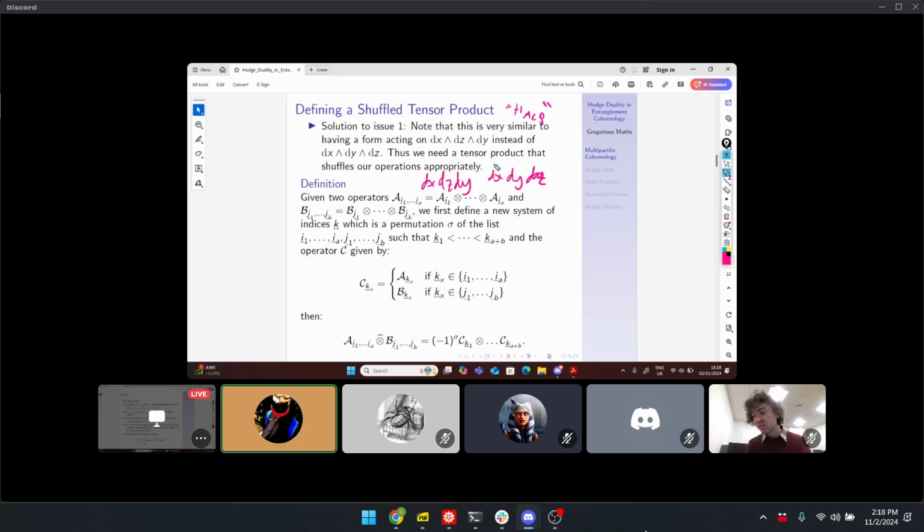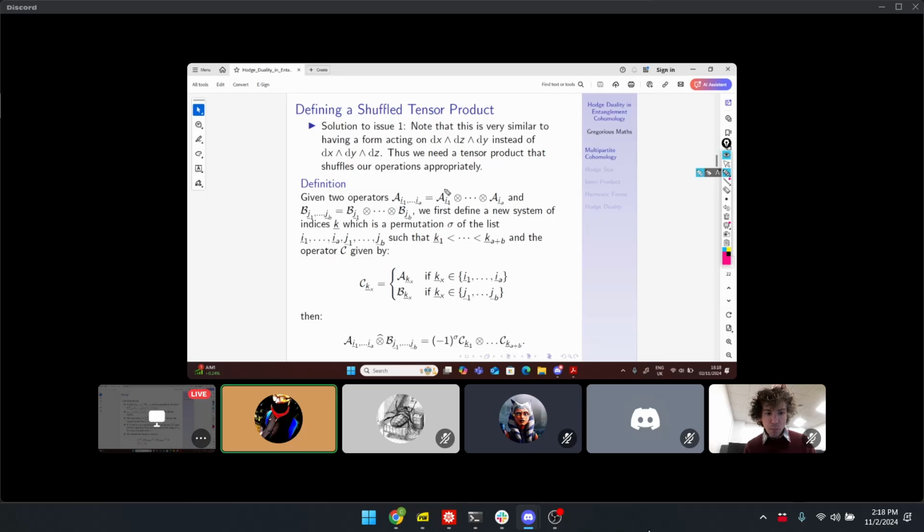And the way that you solve this in normal de Rham cohomology is you just stick a minus sign in front of it. And so we'll do something similar, and we'll define this new tensor product which shifts things appropriately.